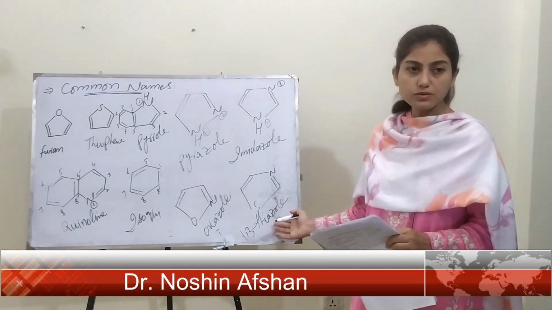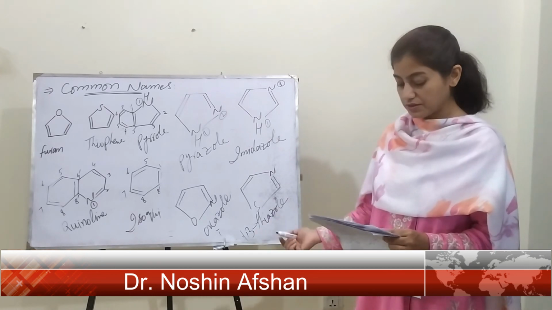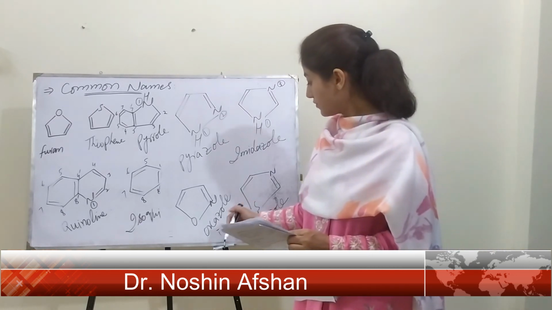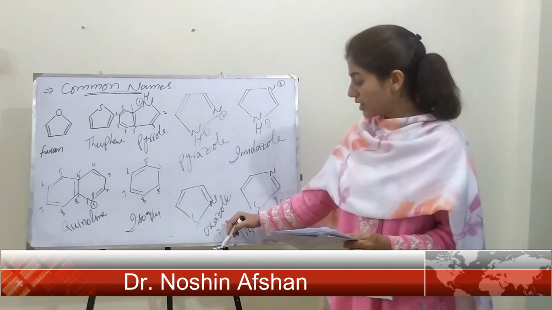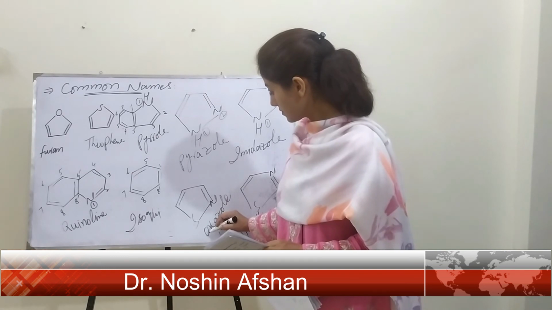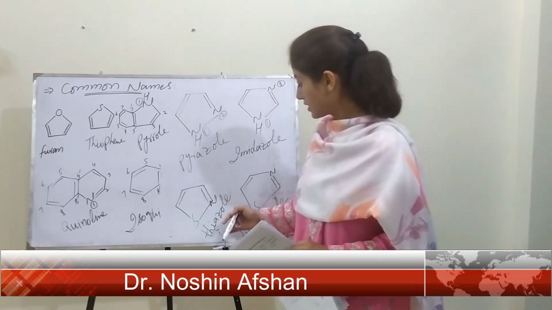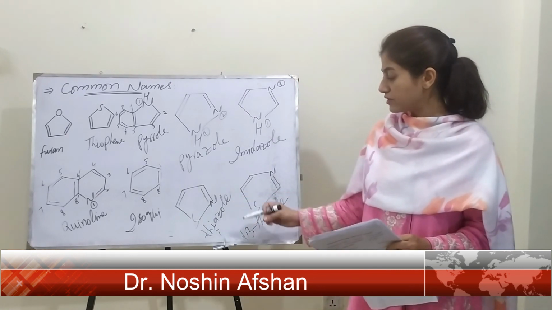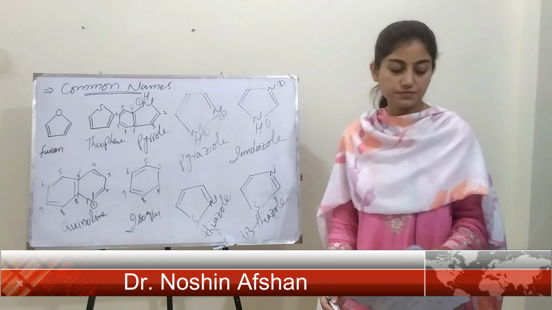But still it is also sometimes considered as the common name specifying the position. And if here it is the sulfur, then its name would become thiazole. That would be this one, that is thiazole, or with respect to its positions it would be 1,2-thiazole.